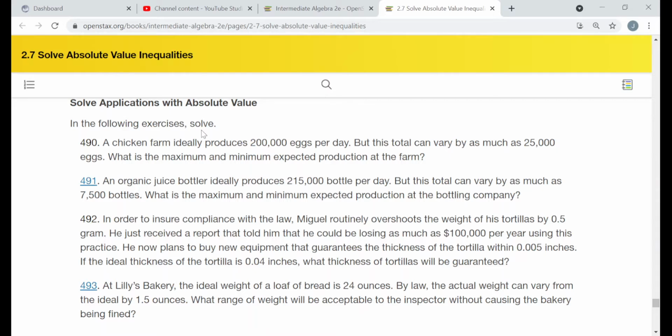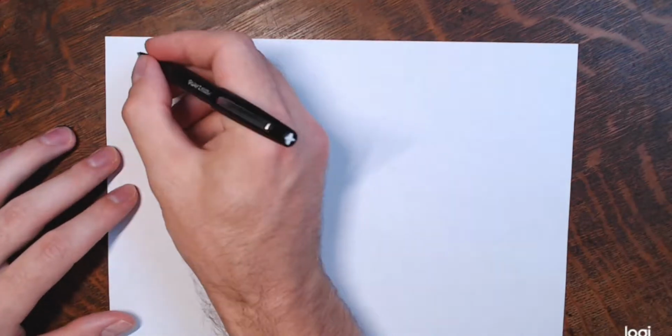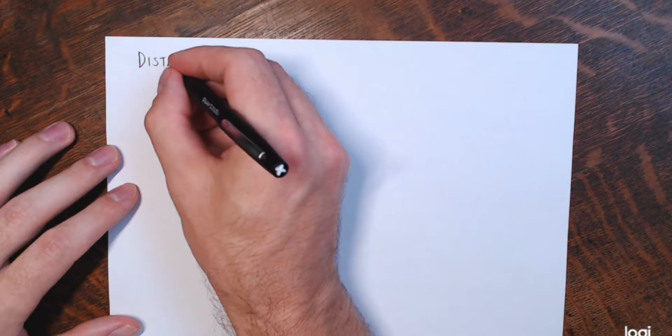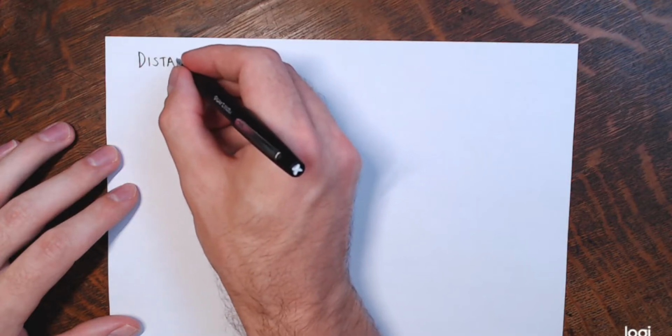Alright, and before I get to these actual problems, I want to talk a little bit about how the distance between two numbers can be expressed using absolute value. So here's some paper. Distance between two numbers on the number line.